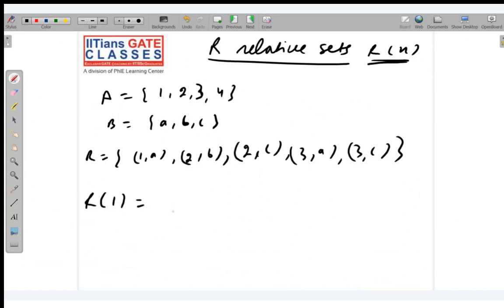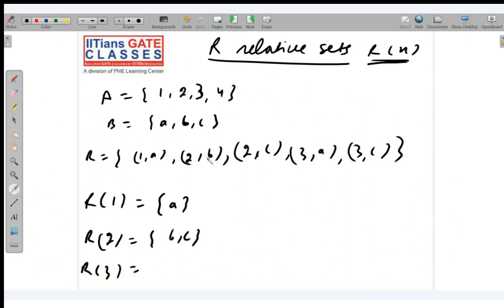You will say it is the set of elements with which 1 is related. 1 is related to A, no other. So A. R of 2: the set of elements with which 2 is related. 2 is related to B and C. So B, C. R of 3: the set of elements with which 3 is related.